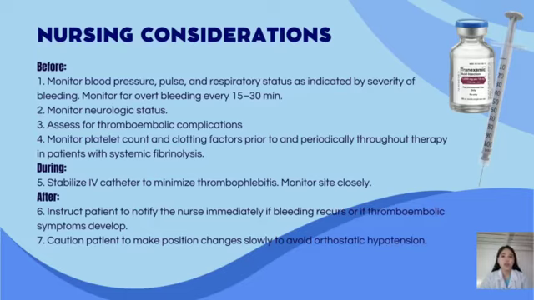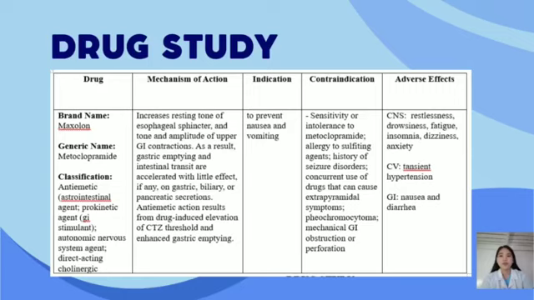Stabilize also the IV catheter to minimize thrombophlebitis and monitor the site closely. After that, we should instruct the patient to notify the nurse immediately if bleeding recurs and of thrombotic symptoms. So caution the patient to make position changes slowly to avoid orthostatic hypotension since this drug causes hypotension.